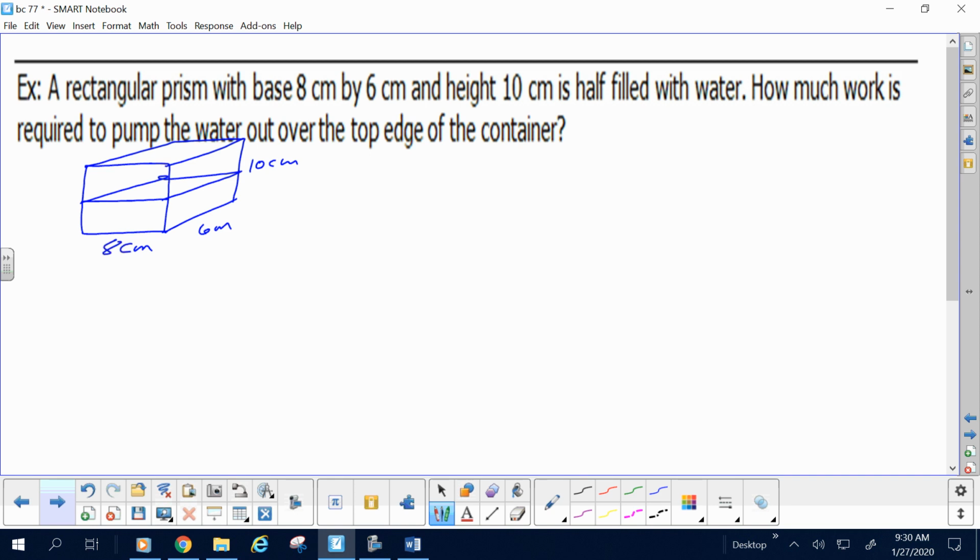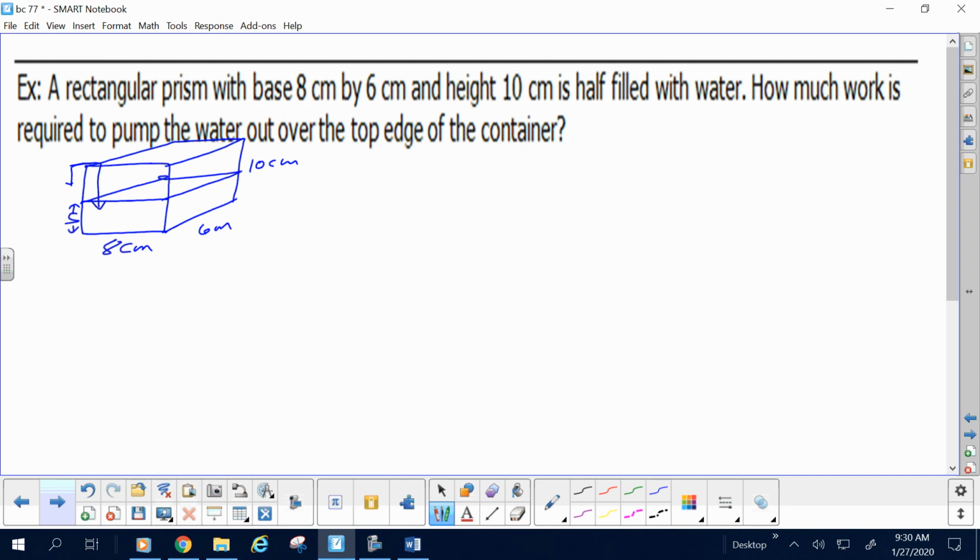So the total height is 10. The actual amount of fluid is 5 centimeters. You with me? All right. And we're going to put a pump at the top and pump it over the top edge. I am aware it's easier to put a hole in the bottom of the container, but that ruins the container.